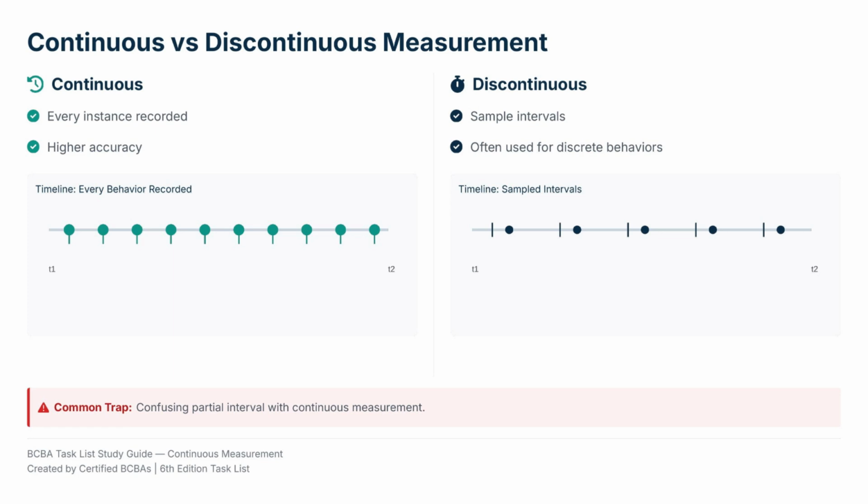Examples include partial interval recording, whole interval recording, and momentary time sampling. Discontinuous systems are typically used when behaviors occur too frequently to record continuously. A common exam trap is confusing partial interval recording with continuous measurement. Remember, partial interval recording is a discontinuous sampling method, not continuous measurement.